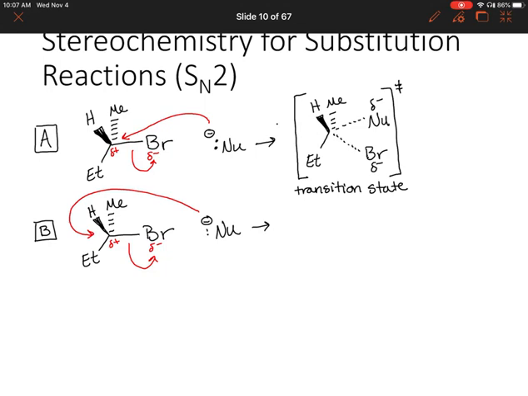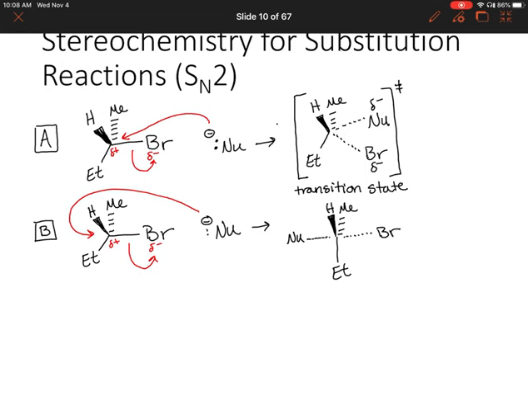Now, let's draw the transition state for example B. So again, we'll draw our carbon, but this time I'm going to draw the hydrogen and methyl group kind of pointing up more, and you'll see why in a second. So the nucleophile is going to start forming a bond from behind, and bromine is starting to leave on the opposite side.